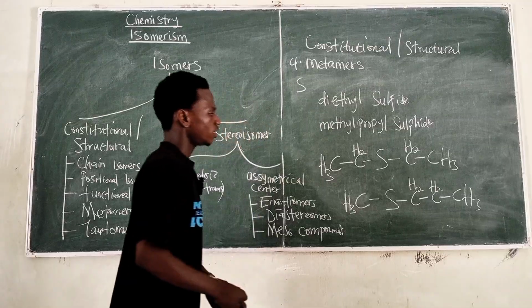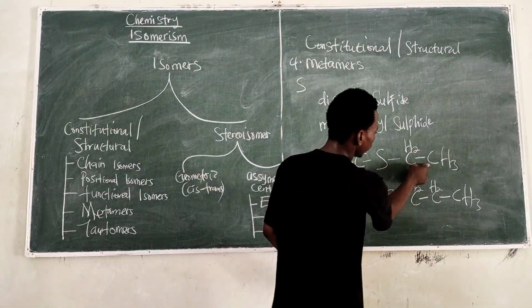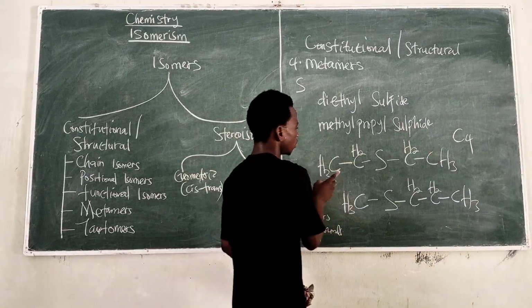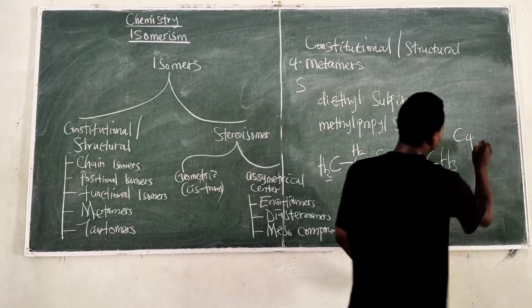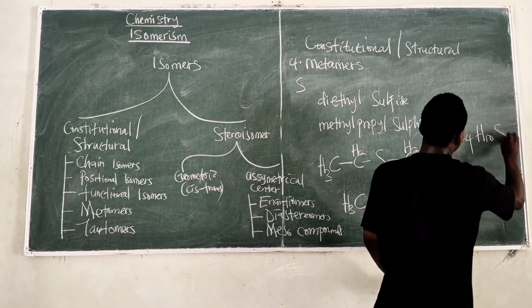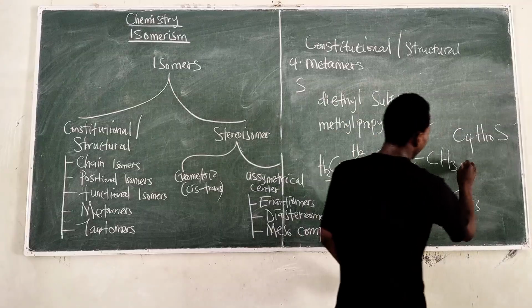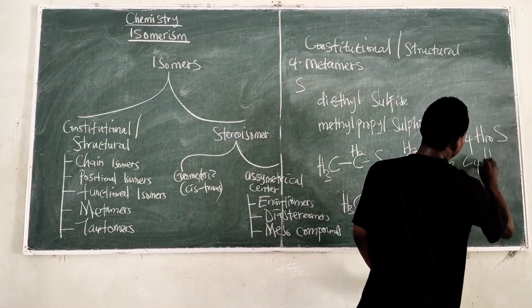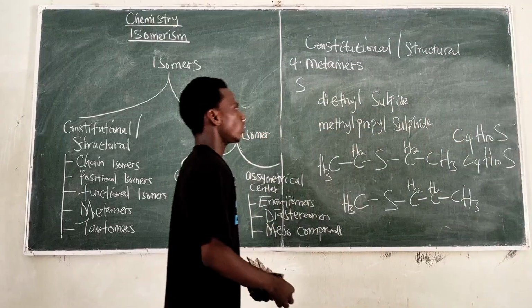So going by the molecular formula, this has 4 carbon atoms, with 3 plus 3, 6 plus 4, which is 10 hydrogen atoms, and 1 sulfur. This also has 4 carbon atoms and 10 hydrogen atoms with 1 sulfur.